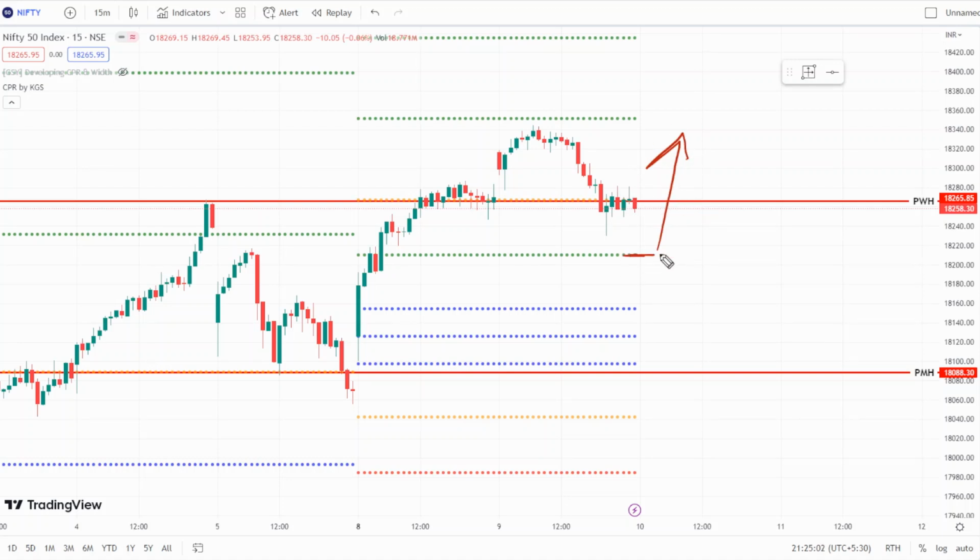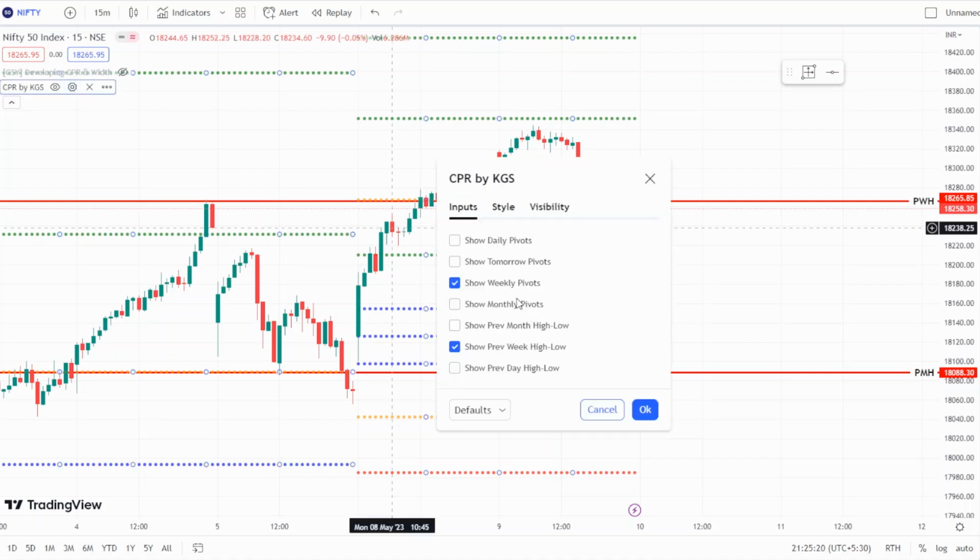But if this level is not sustained on the upside, we can see a downside in the expiry in Nifty. Bank Nifty was on the weekly pivot, so it can go anywhere. It can touch S1 or it can come again to R1. You never know. We'll check it out in the next 2 days' trading session.